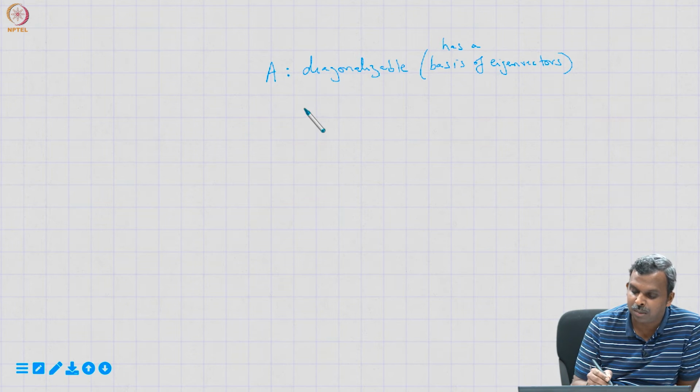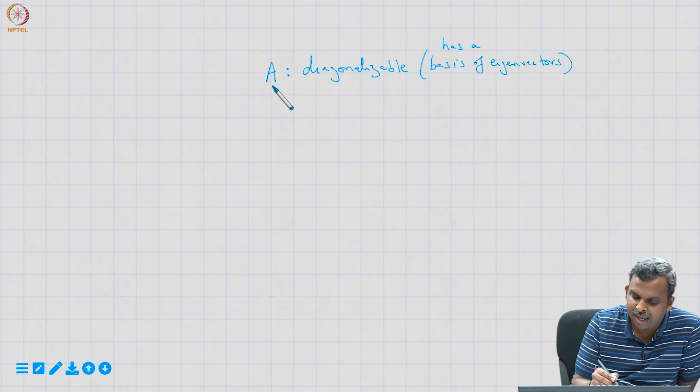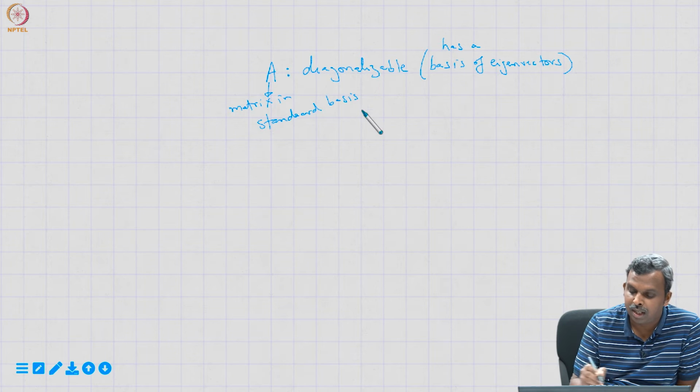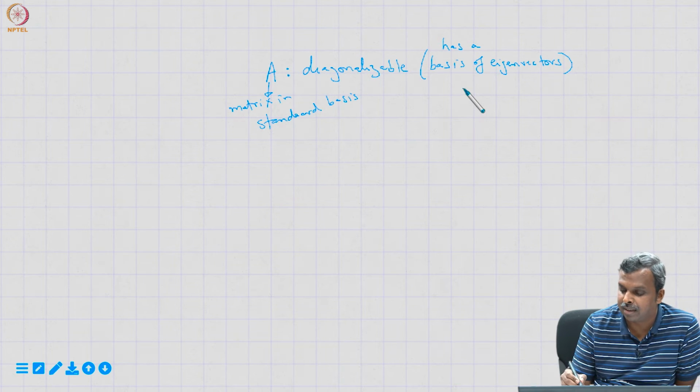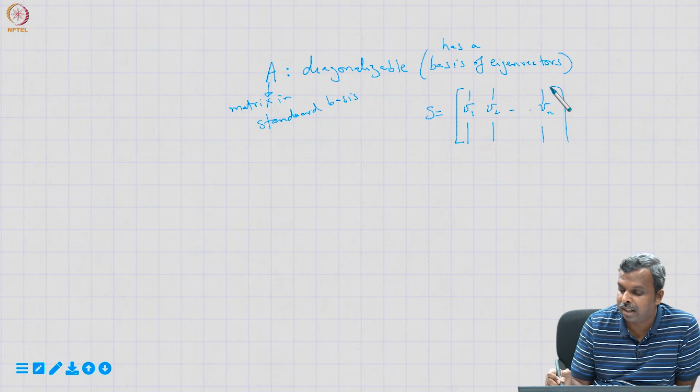Suppose A is diagonalizable. What does that mean? There is a basis of eigenvectors, and so let's say A is specified as a matrix given in the standard basis. Okay, and you found a basis of eigenvectors, and let's say you created a matrix S which has the first eigenvector in the first column, second eigenvector in the second column, so on, and the nth eigenvector in the nth column.